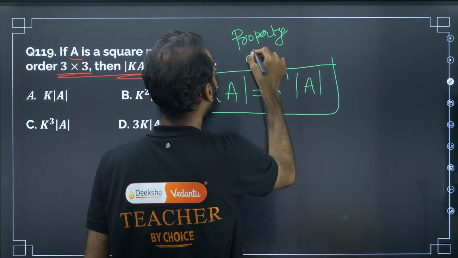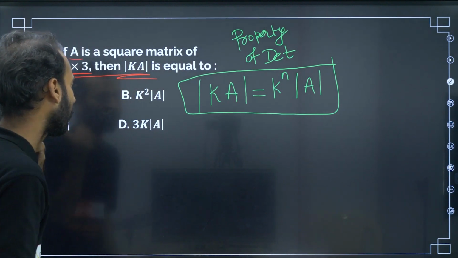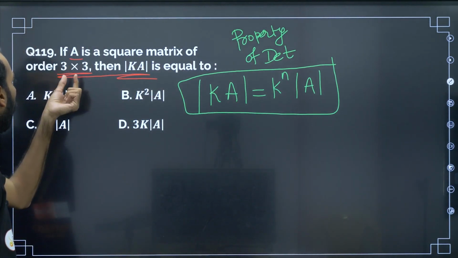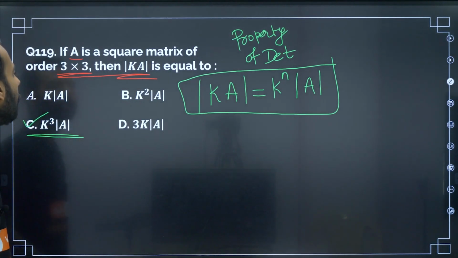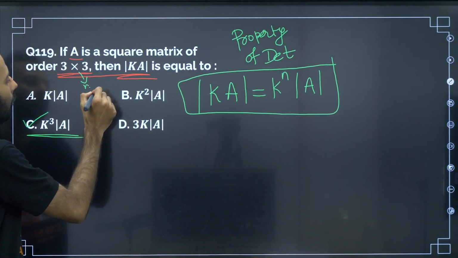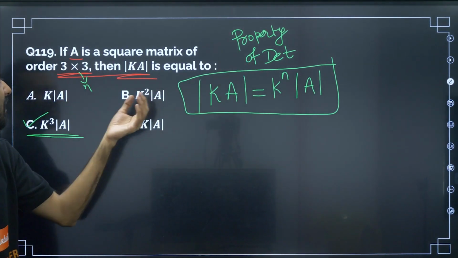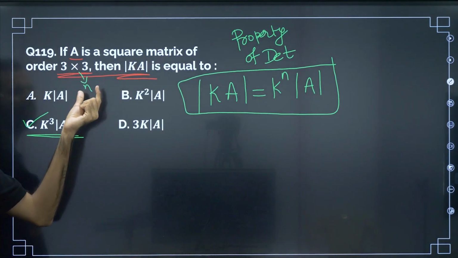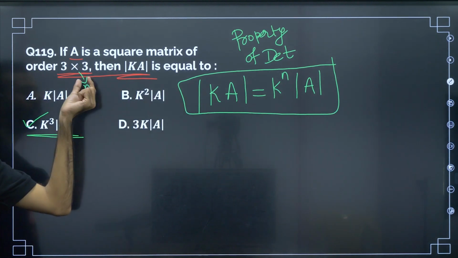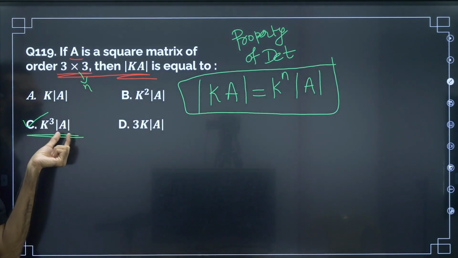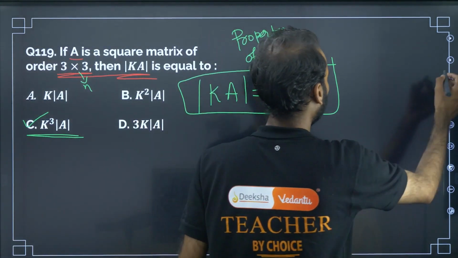Now order 3 cross 3 means n is 3, so it is k cubed det A. So if any student knows this property of det, after going to the exam hall he will read this, and after reading that, he will write: k is whatever, we are not interested in, n is 3, so k cubed. Simple. How much time will it take to solve this problem? 2 seconds just to mark it, not even solve.